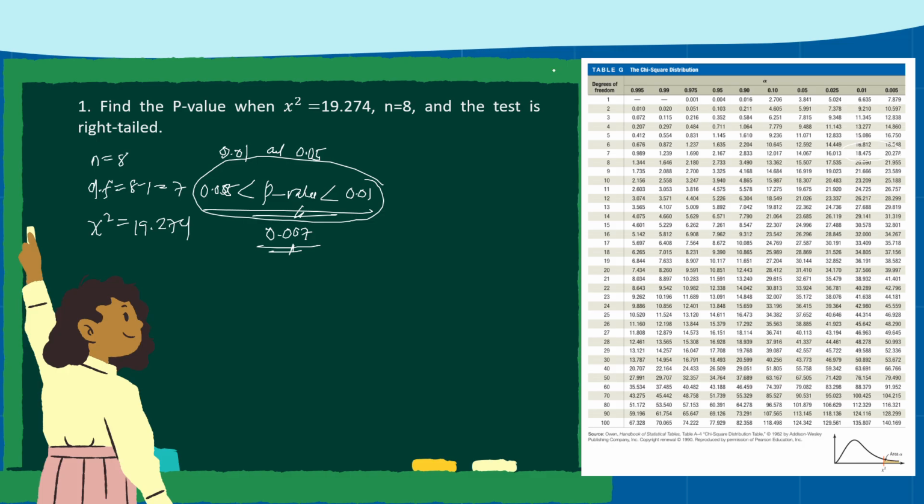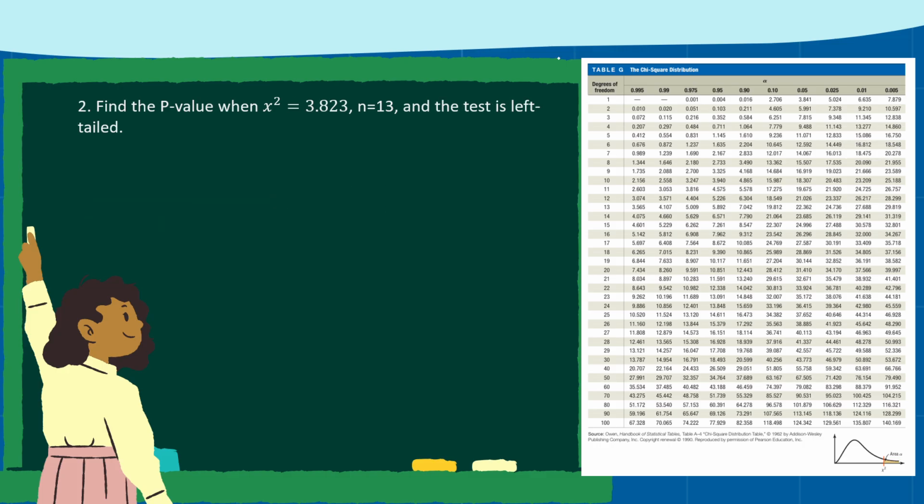Okay, so next we have here: find the p-value when chi-square is equal to 3.823 and n is equal to 13 and the test is left tail. So we have here df equal to 13 minus 1, and our chi-square is 3.823.